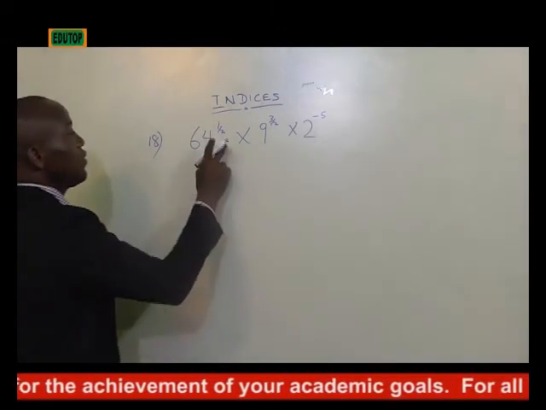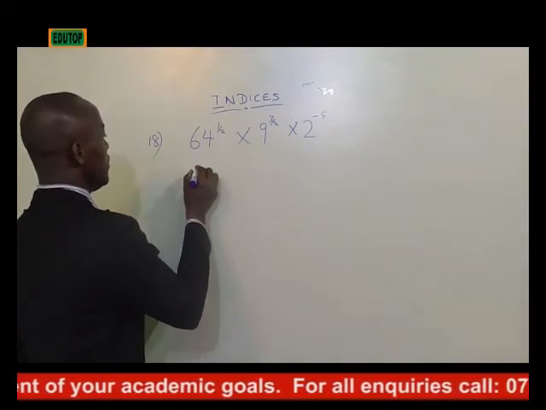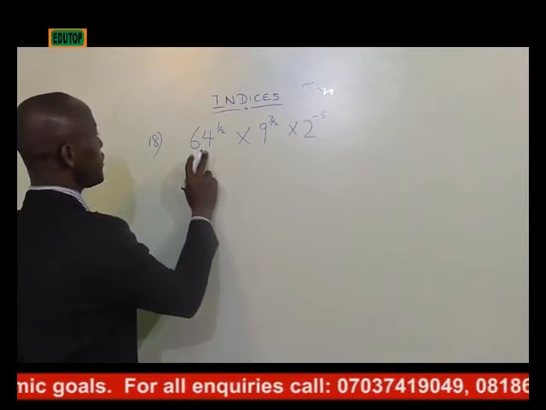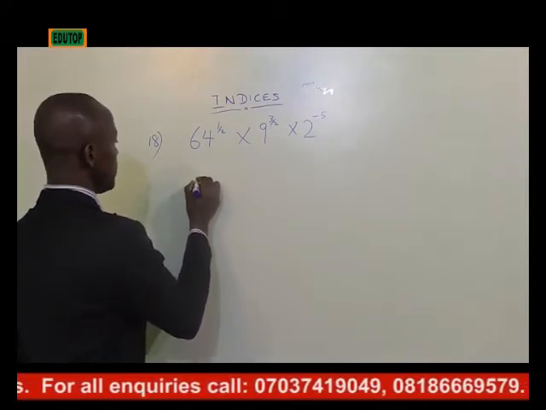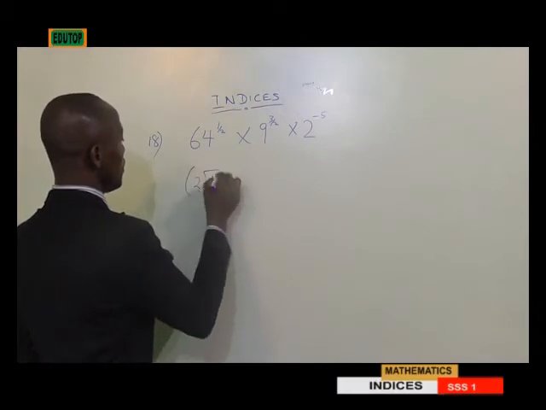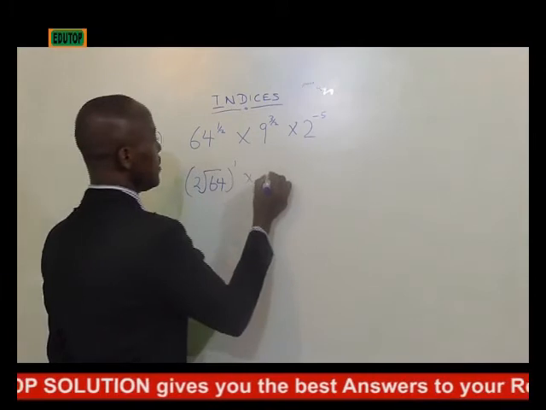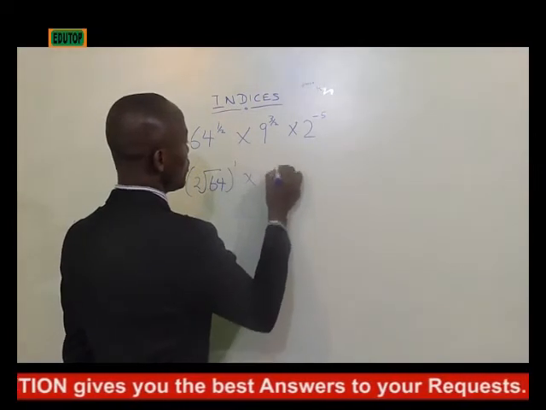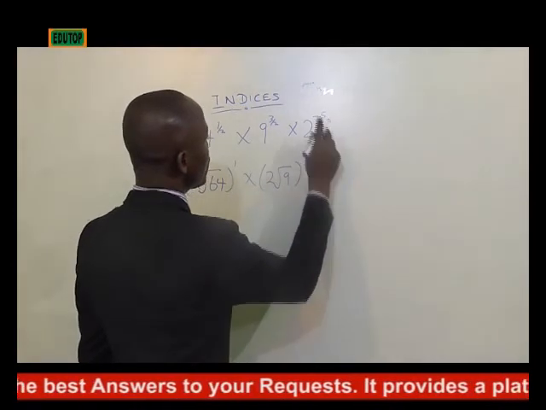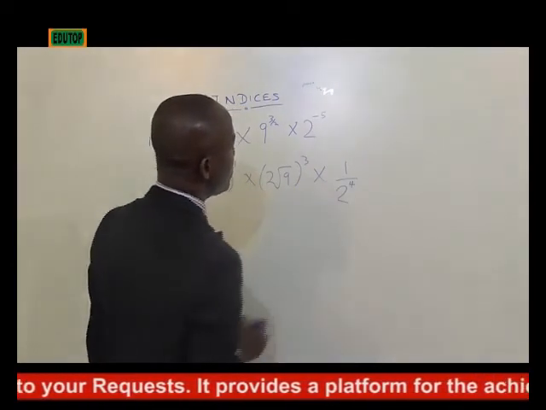Now, applying the 6th law of indices to this, we'll be having 2 root 64 raised to the power 1. Applying the 7th law, we'll be having 2 root 9 all over 3. Applying the 4th law, we'll be having 1 over 2 raised to the power 4.